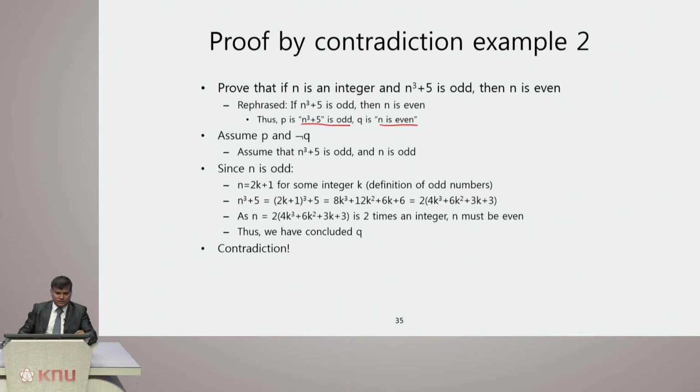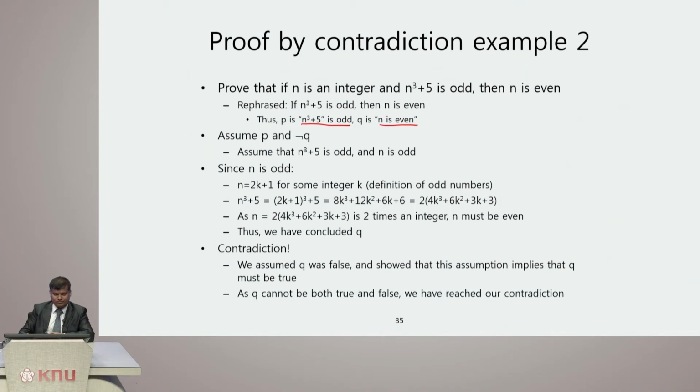The actual assumption is P and negation of Q. So we assume that Q is false and show that this assumption implies that Q must be true. Yes, as Q cannot be both true and false, we have reached our contradiction. That's where we come to this contradiction.